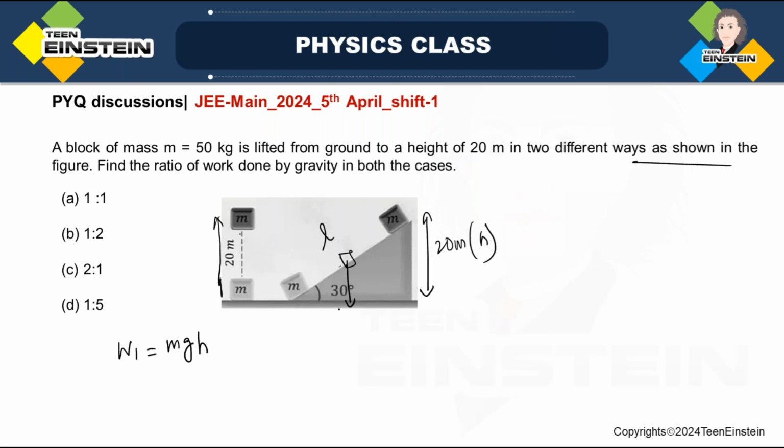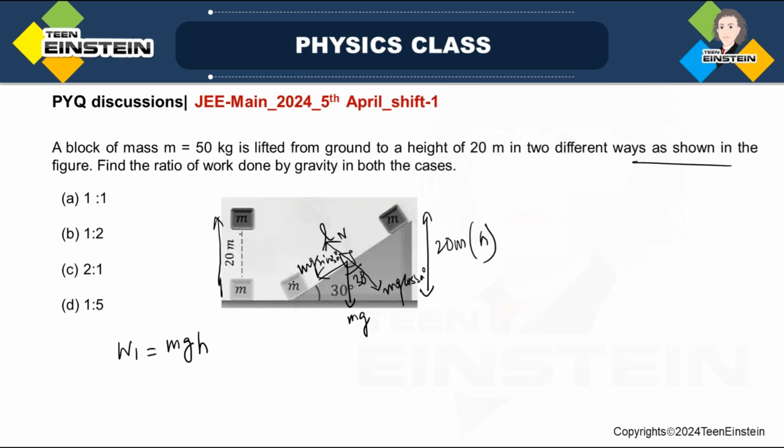Look, if this is mg vertically downward, and this is theta, sorry, 30 degree, this also will be 30 degree, right? And this is N. So this will be mg cos 30 degree, and this will be mg sine 30 degree.